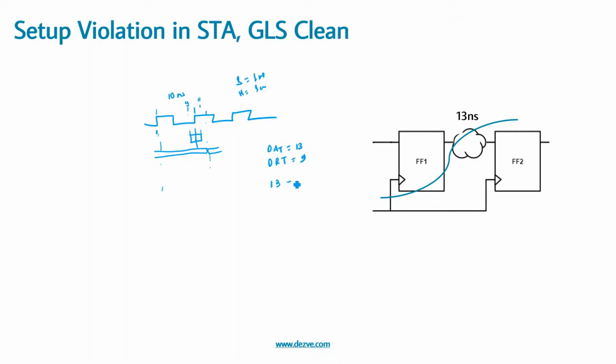So 13 minus 9 should be greater than or equal to 1, which is the setup requirement, since we are talking about two different clock edges, correct? So 13 minus 9 is how much? Sorry, the clock is 10. So this is 3, which should be greater than or equal to 1. So we see this particular setup is getting violated by 4ns. So we would see a setup violation in STA, but if you simulate this particular scenario in GLS, it would be clean.